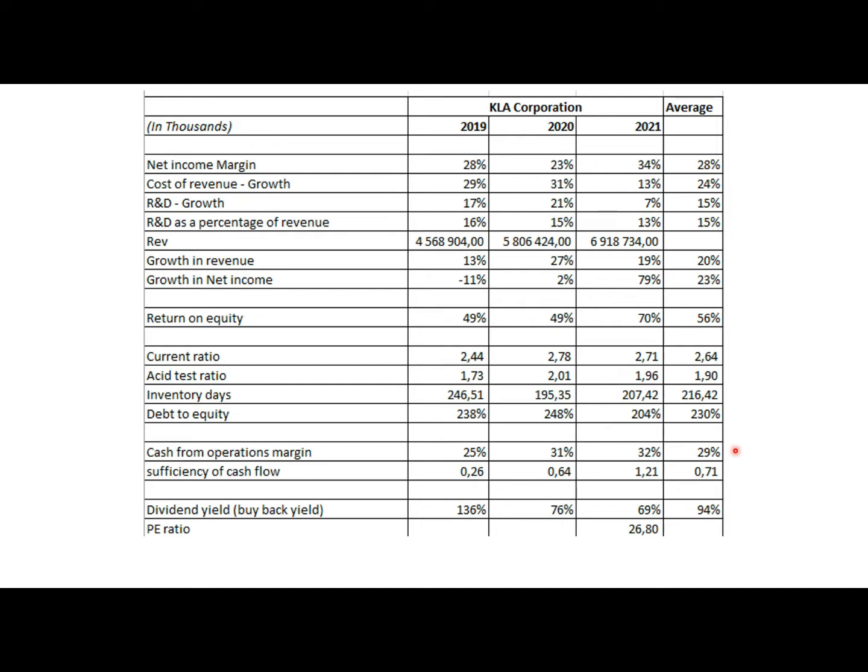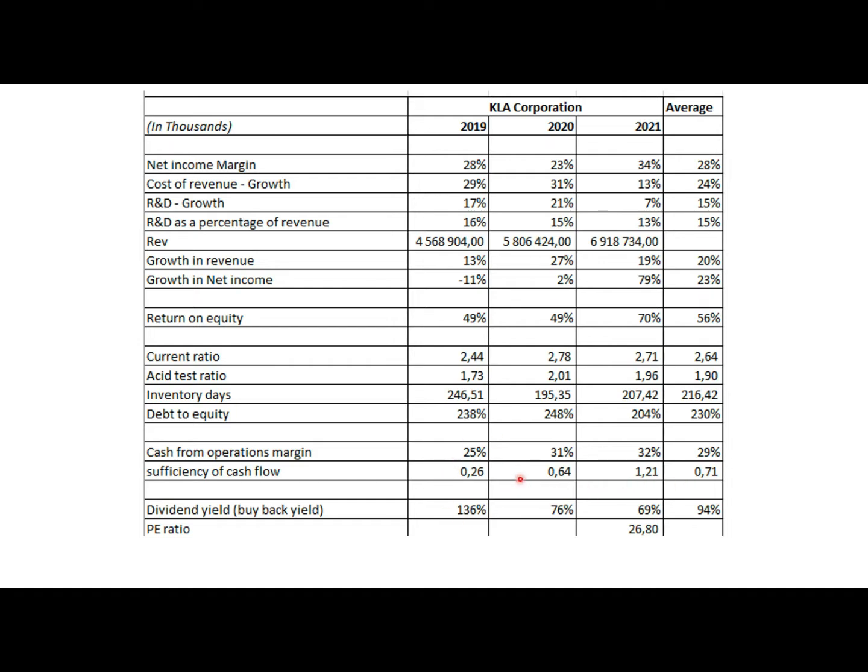The sufficiency of cash flow has been improving, to a point where in 2021 it's above 1. The industry average is 0.66. So at an average of 0.71, that is wickedly impressive. And again, the increase does make sense.